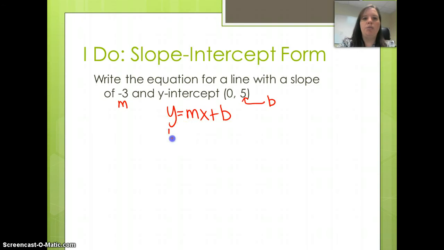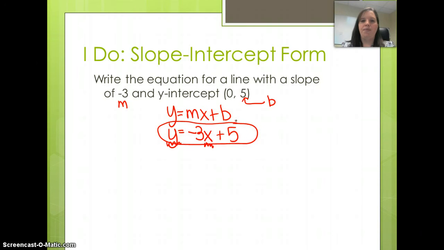So the equation would read y equals negative 3 goes in for the slope, and 5 goes in for the b value. If you're writing an equation, we always have to have this x and this y part, so we have somewhere to plug in and get our different values that go in our table. So slope-intercept form.